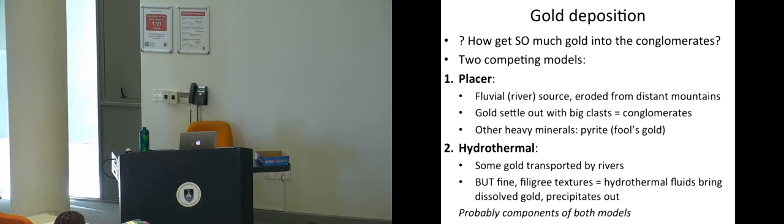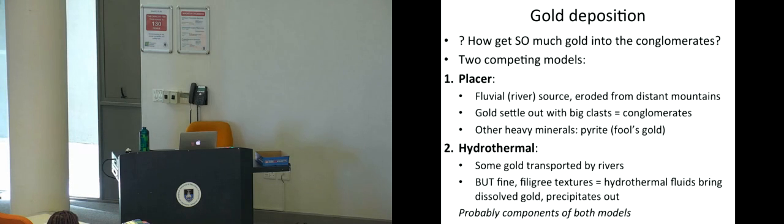The argument here is that these hot underground hydrothermal fluids come up and percolate through the conglomerates, and as they do this, they precipitate out chemical gold that's dissolved in these fluids. So this is the hydrothermal model: gold-rich hydrothermal fluids which percolate up and precipitate out the gold.